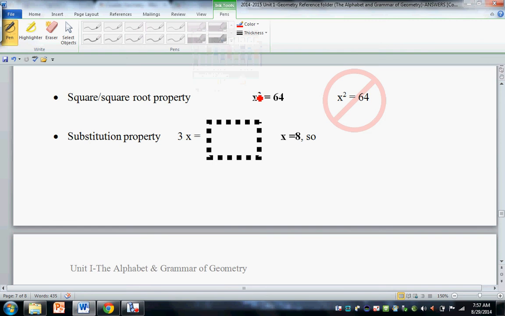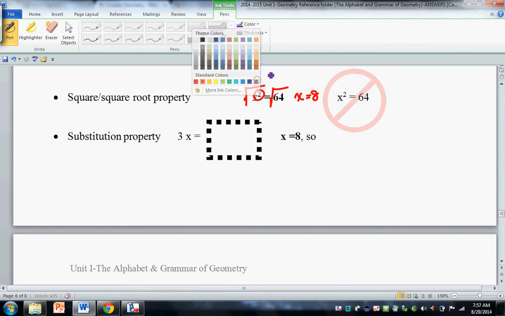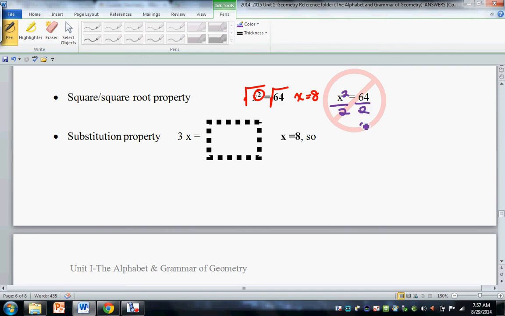To undo a square root, or to undo an exponent, x squared, you square root both sides. So this would end up being x equals 8. Be very, very careful. When you see that 2 in the exponent, you do not divide by 2. You don't undo a square by dividing by 2. You square root.